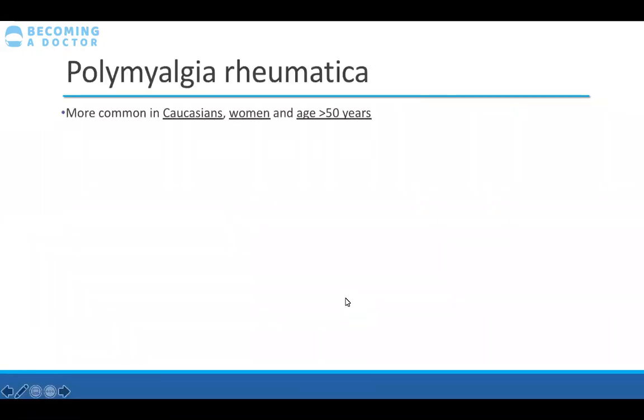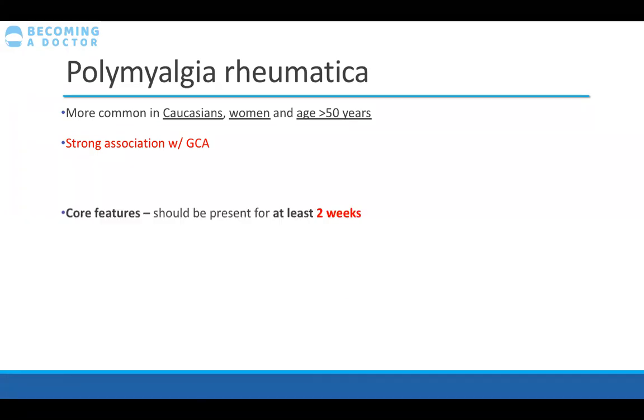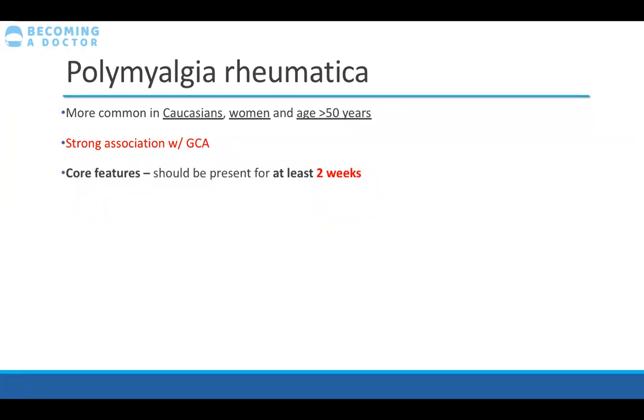So polymyalgia rheumatica is an inflammatory condition. It's more common in Caucasians, women, and if you're aged over 50 years. There's a strong association with giant cell arthritis. And the core features, which I will discuss, should be present for at least 2 weeks.